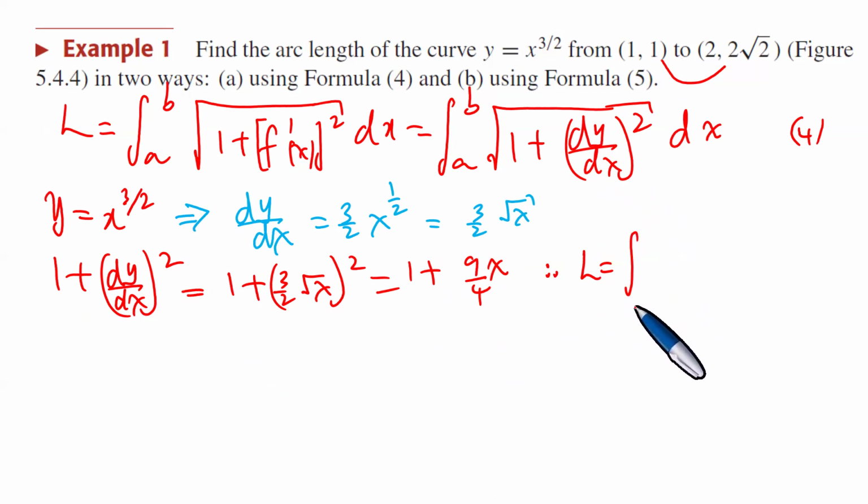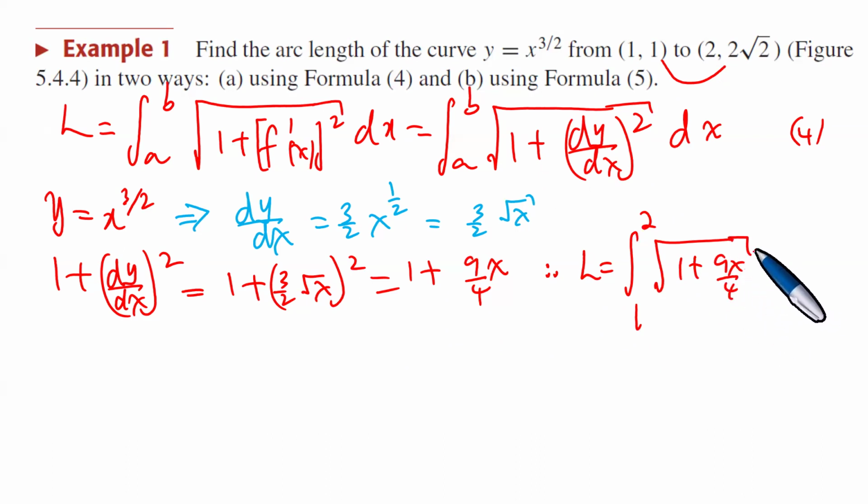Therefore, you have the integral from 1 to 2. Now, if you have 1 plus dy dx, you square it, it's 1 plus 9x over 4. And then dx. Okay, we continue.